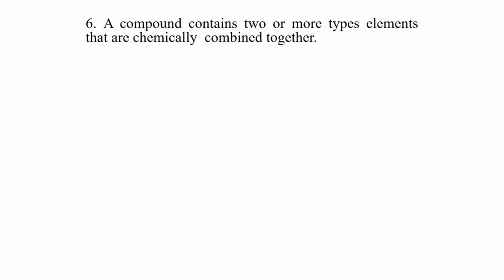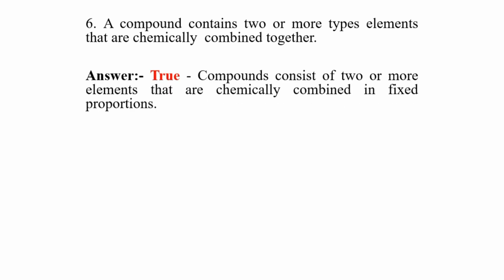Question number 6. A compound contains 2 or more types of elements that are chemically combined together. The answer is true. Compounds consist of 2 or more elements that are chemically combined in fixed proportions.